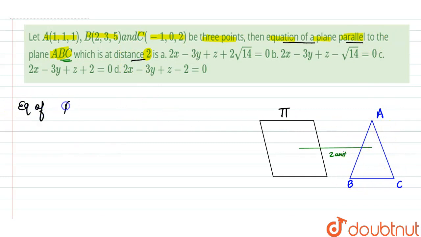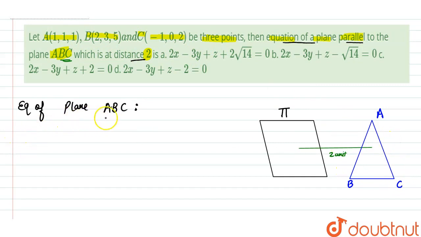Equation of plane ABC. Now since the coordinates are not proportional to each other, we can say that the points are not collinear, and hence we have formed a triangle here.